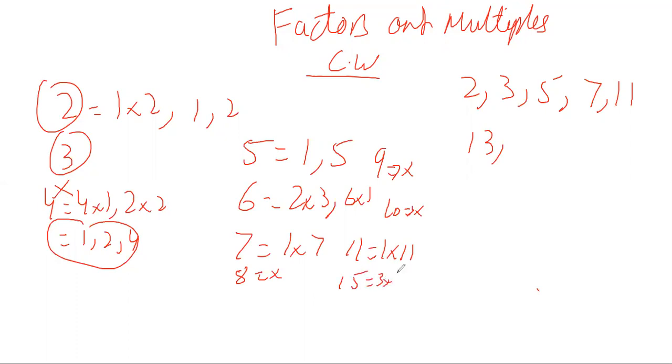Why? 3 fives are 15. 15 ones are 15. 17 is a prime number. 19 is a prime number.